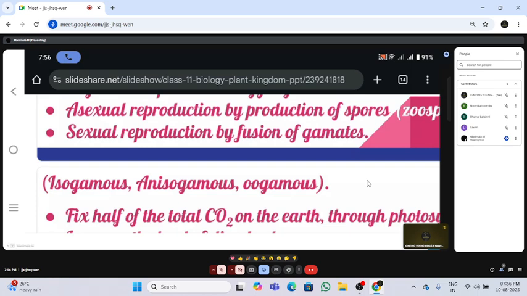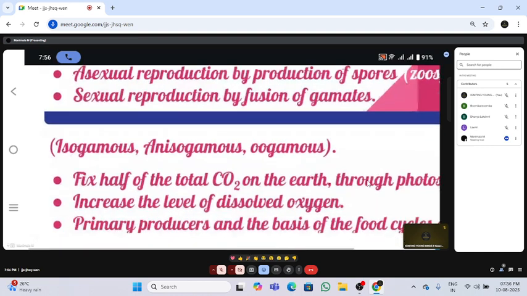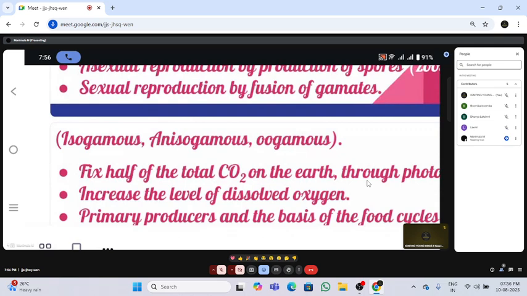Then what do you mean by anisogamy? Different. For example, anisogamy is the fusion of smaller, more active gametes with larger, less active gametes. The fusion of smaller, more active gametes with larger, less active macrogametes is called anisogamy.